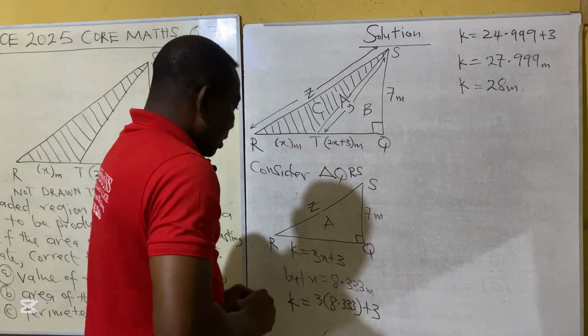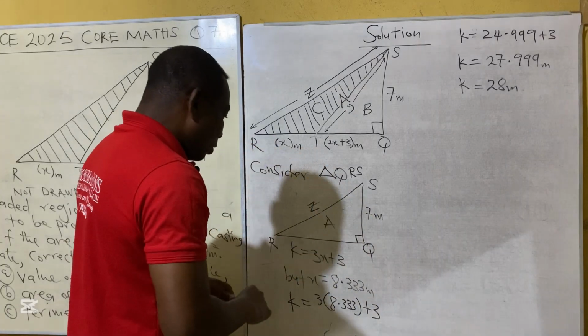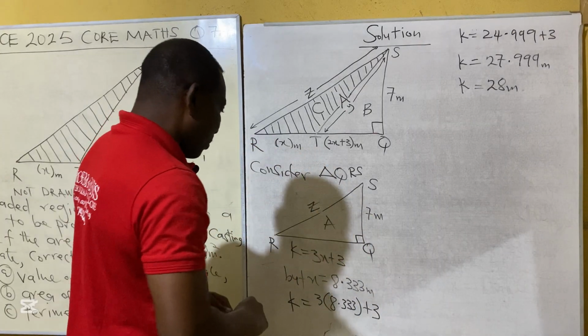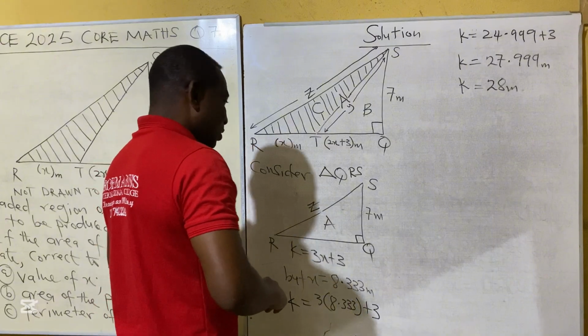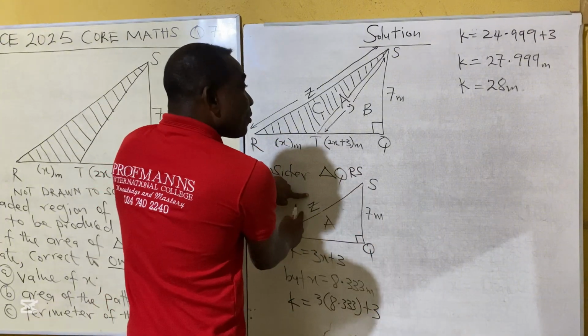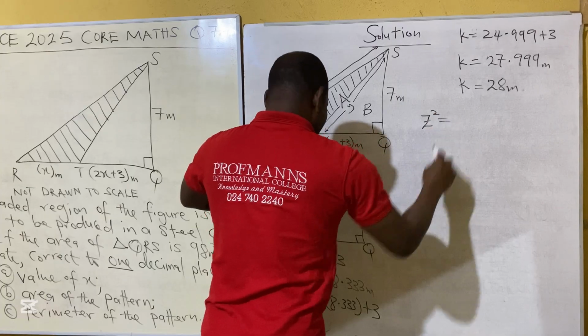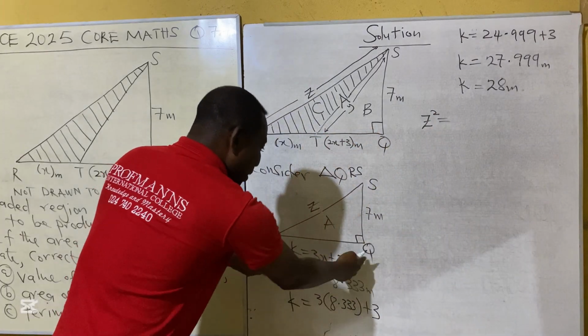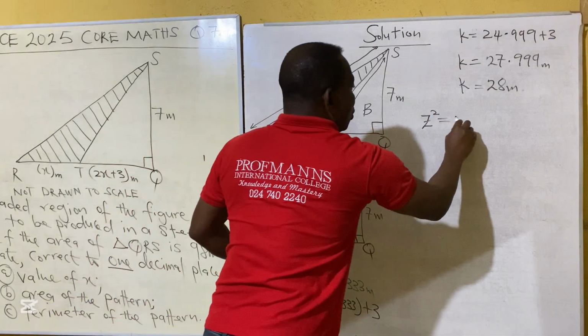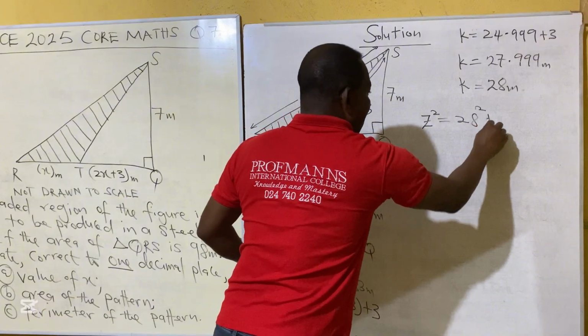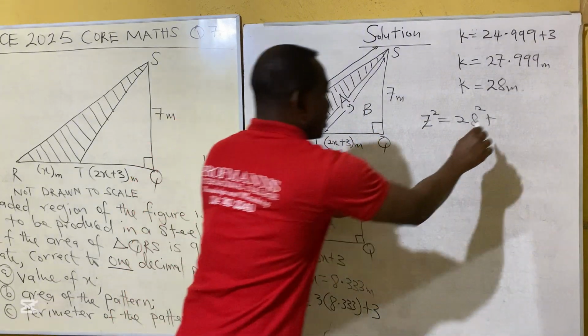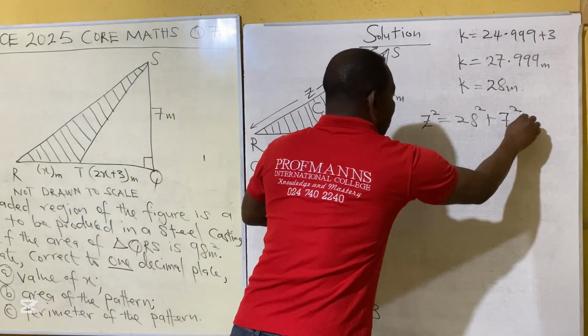In applying the Pythagoras theorem, we have z squared equal to the base squared plus this side squared. The base we have calculated is 28, so 28 squared plus 7 squared.